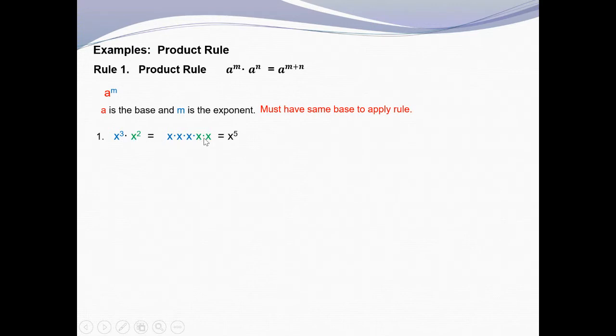So x times x times x times x times x, 5 times, is equal to x to the 5th power. But you're not going to do it this way, because instead you're going to apply the rule. By the product rule, we have x to the 3rd times x to the 2nd is equal to x to the 3 plus 2, which equals x to the 5th power. In other words, you can go from x cubed times x squared all the way to the answer, because you can do this in your head if you know the rule.